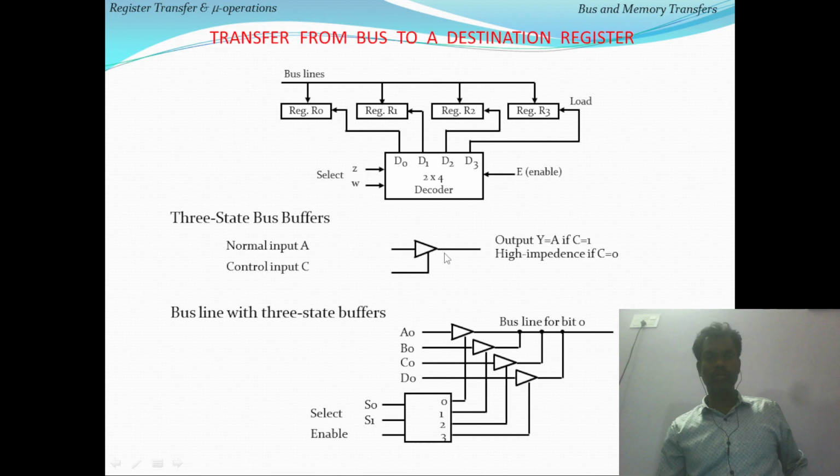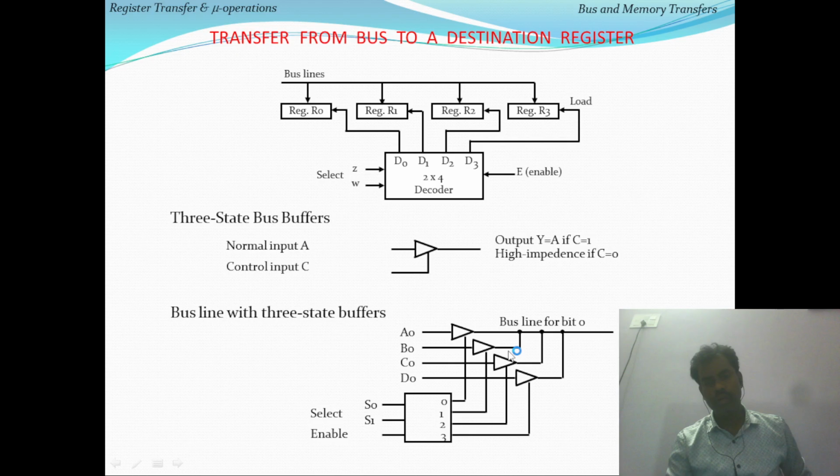The bus is then in a high impedance state, like an open circuit. If it is 1, then only it is enabled. So at a time any one is high, that is, any one register is selected. This handles a particular bit of one register, so if it has 4 bits, 4 such circuits are required.